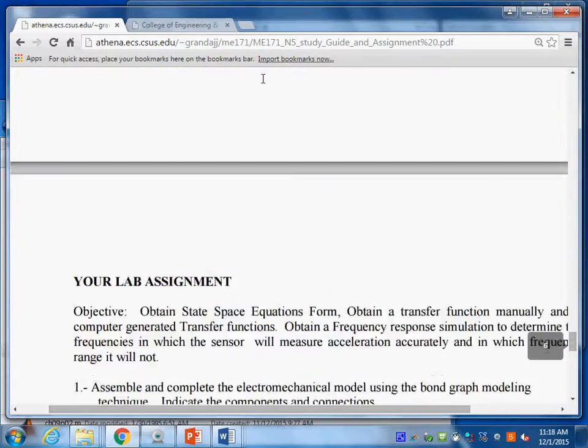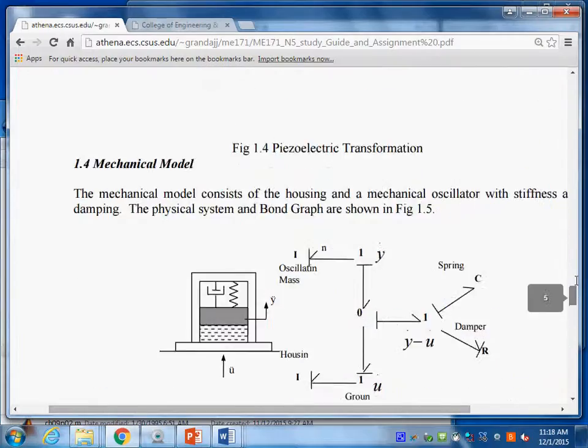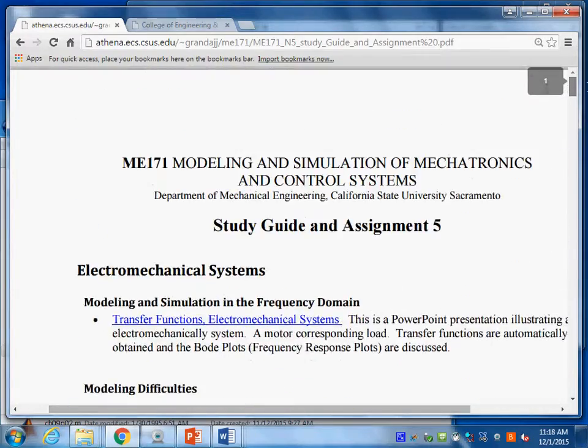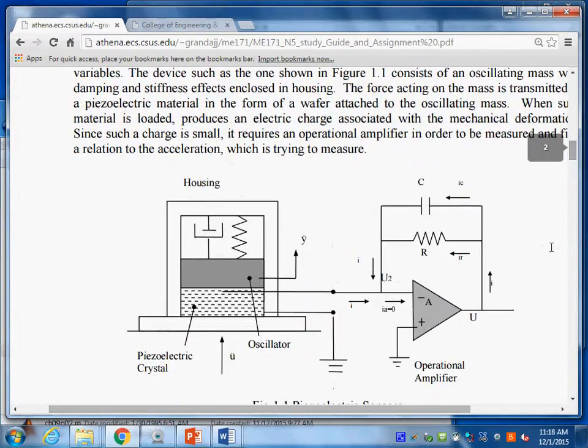So this is the assignment in here. What remains right now is to go back to basics and find out how you can actually find the transfer function for an electrical system, and how you can find the transfer function for a mechanical system. Because I told you that the transfer function is a relationship between the output and the input. So it follows that I could have a transfer function with this being the output over here and the input over here, or the transfer function between this and this input over here.